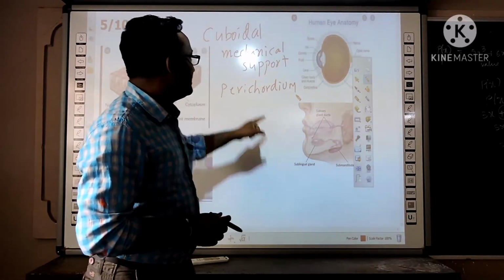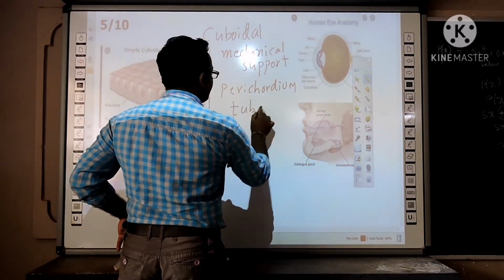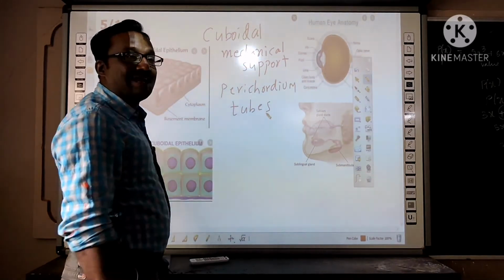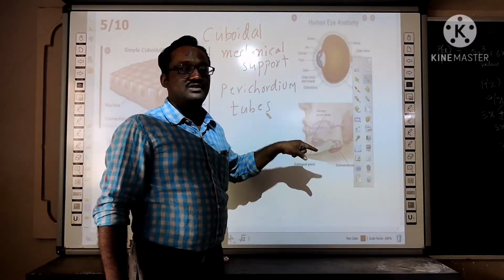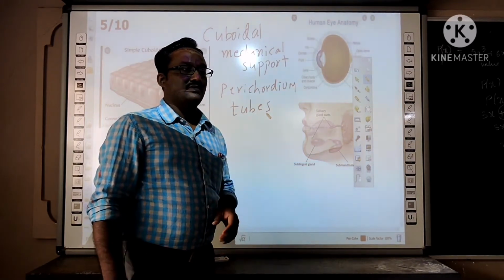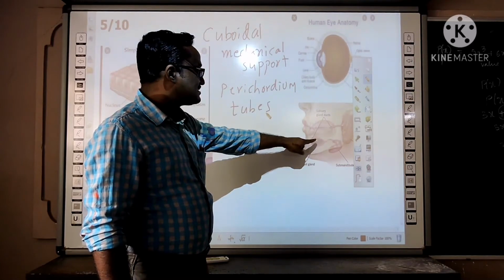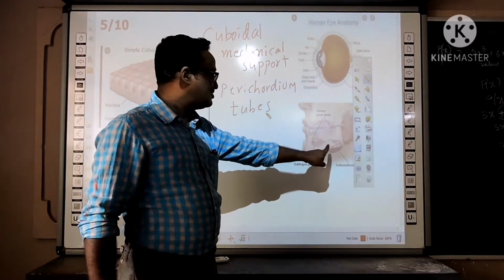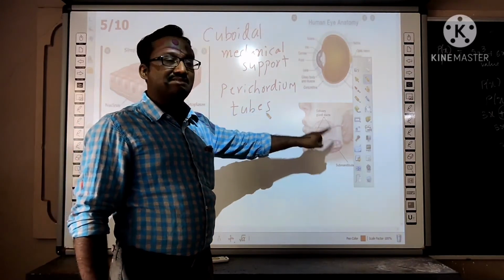Next, it is also present in the tubes of various glands. These are salivary glands, which secrete the saliva. The saliva produced in the glands is released into the oral cavity through tubes. We call them salivary ducts.